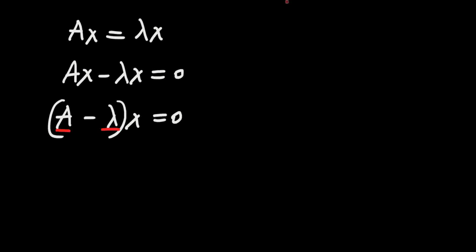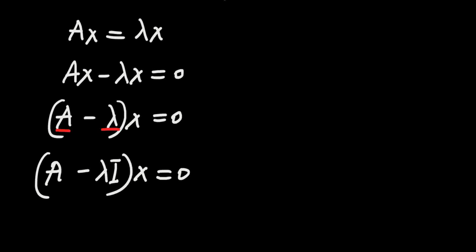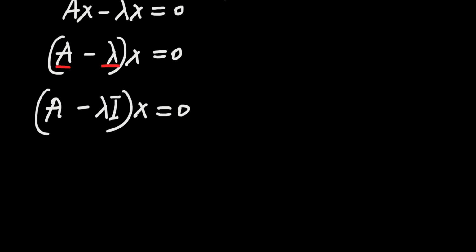So to fix this problem, all we need to do is to multiply lambda by a unit matrix, and this would give us (A minus lambda times a unit matrix I) times x equals 0. Now the value of a unit matrix is equal to 1, so it does not really affect the value of lambda.